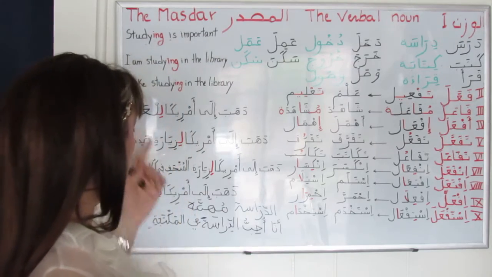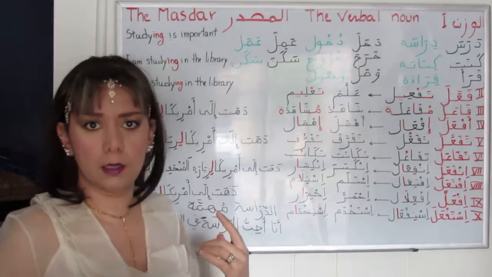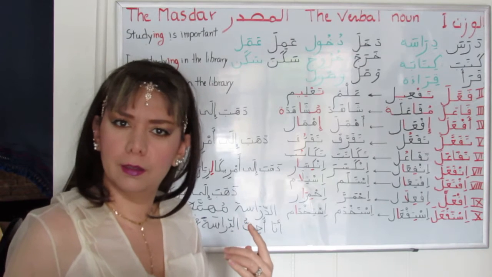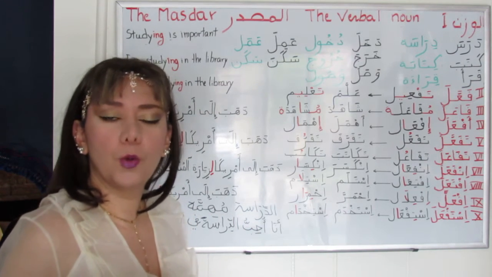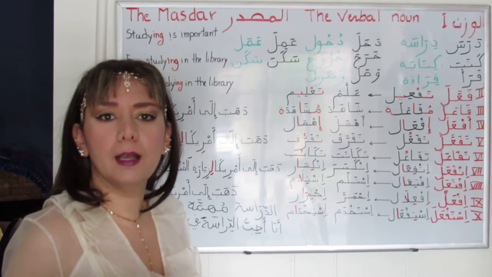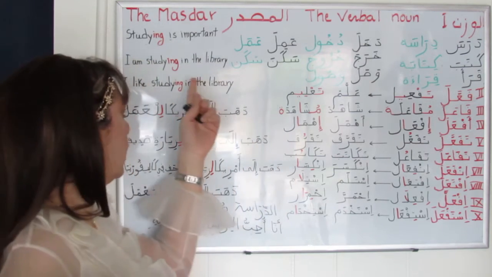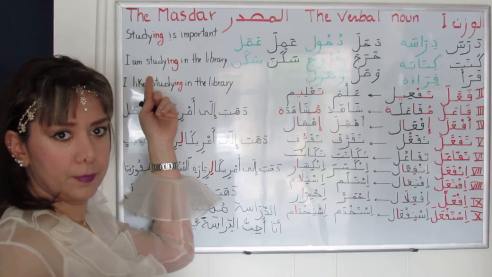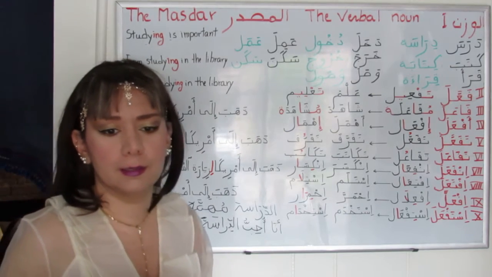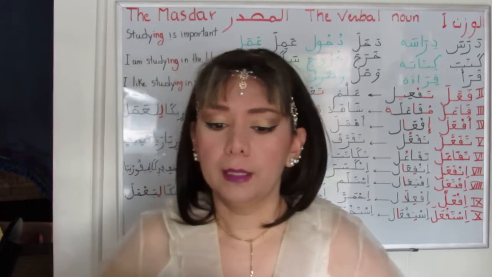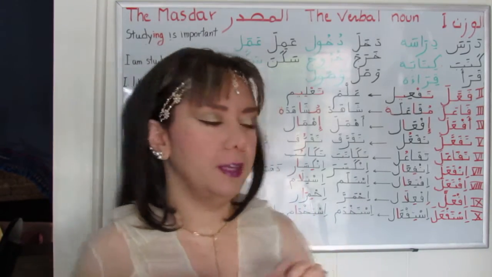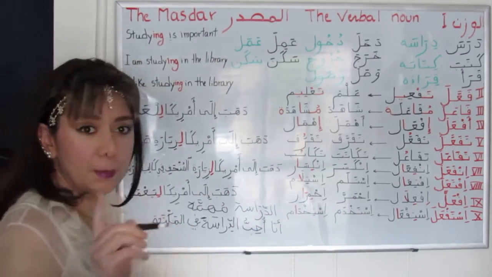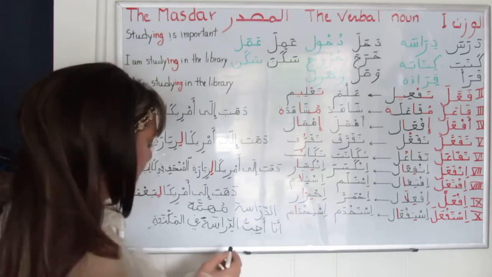Let's say أنا الدراسة في المكتبة. How can I be the act of studying? So we can't render it as a verbal noun in this case. So be careful about that. But it's almost always definite, with some exceptions, like always.